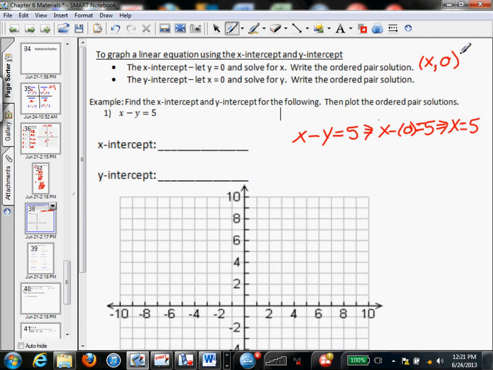And with x equals 5, we can take our coordinate pair up here and just plug 5 in for x, comma 0, and that's the x-intercept. And now if we want to go to our graph and plot that, we have 5, so we'll go over 5, and 0 tells us to move nowhere. So that's the x-intercept.